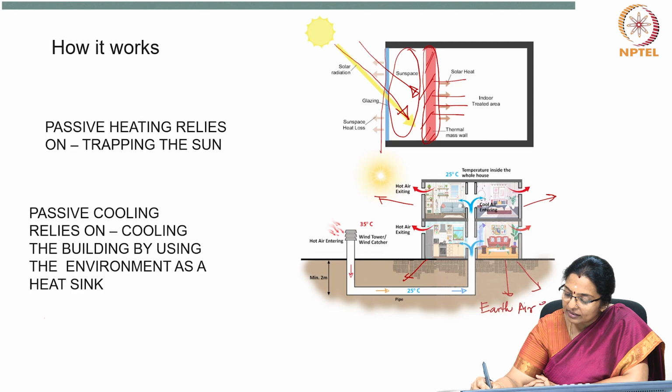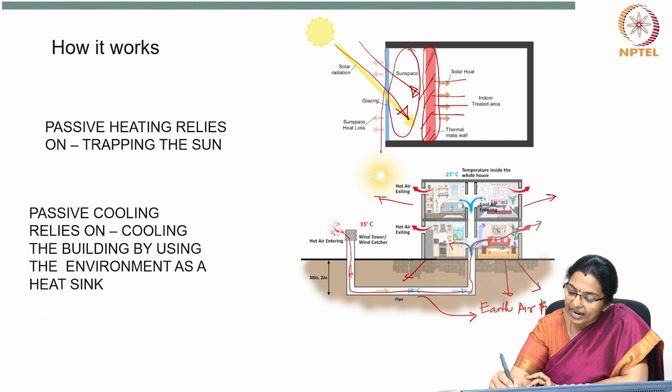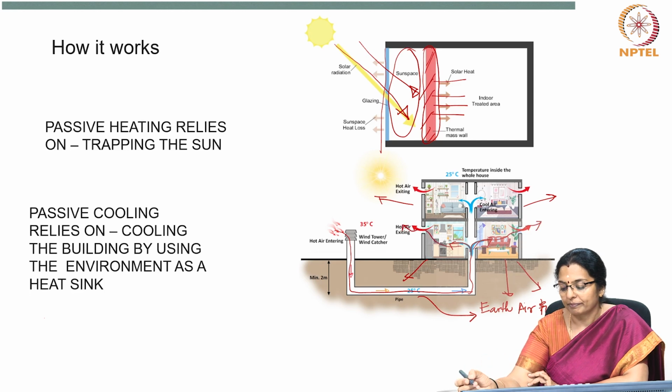One of these is the earth-air tunnel, where you have a wind catcher which catches the wind and flows through a pipe which is buried underground. In this process, the hot air becomes cool air and this gets siphoned inside the building. The inlet is at a lower level, therefore warm air which is lighter tends to rise and escapes out.